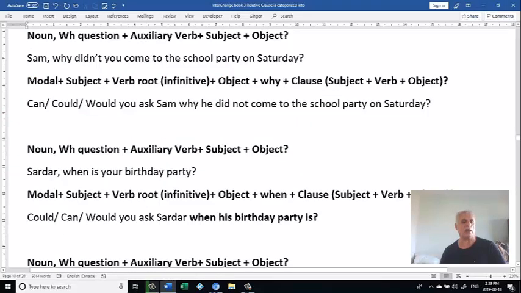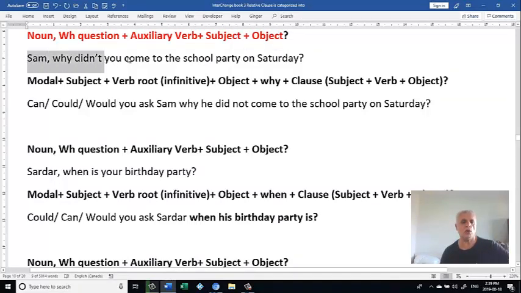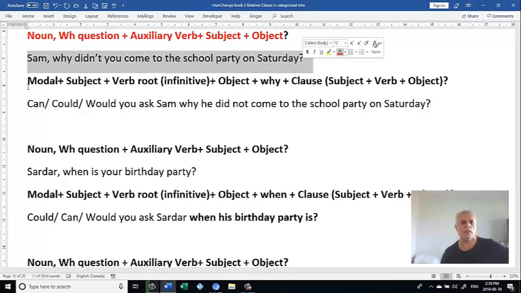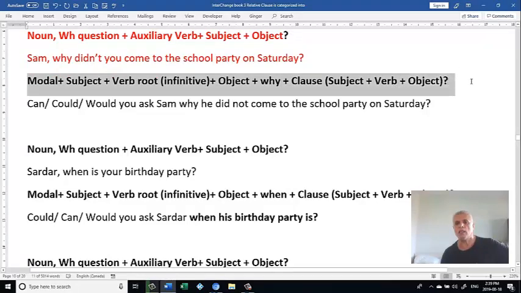This is a kind of indirect request. Noun, W question, auxiliary verb, subject, object. We have here, Sam, why didn't you come to the school party on Saturday? Then we say modal, subject, verb root, object, W question, then clause, then subject, verb, object.